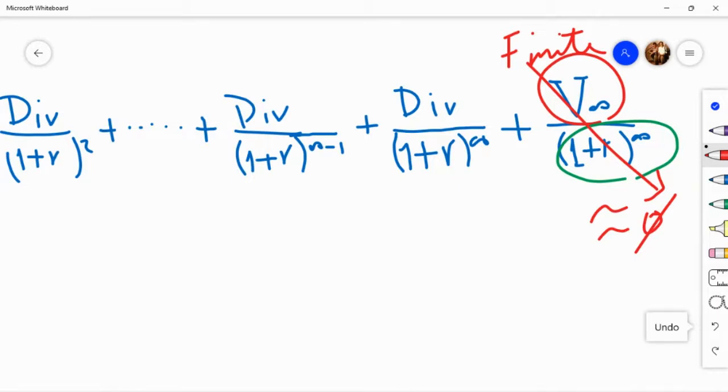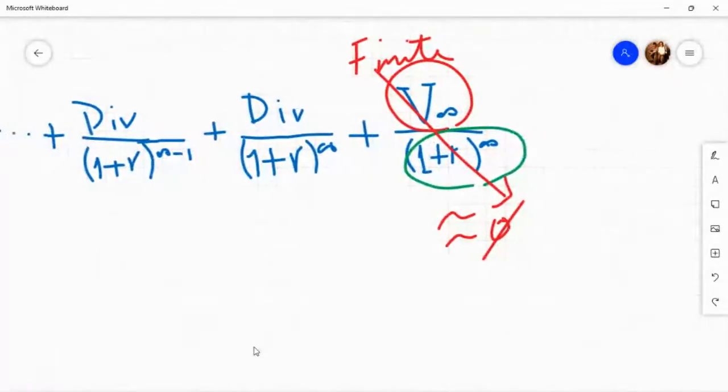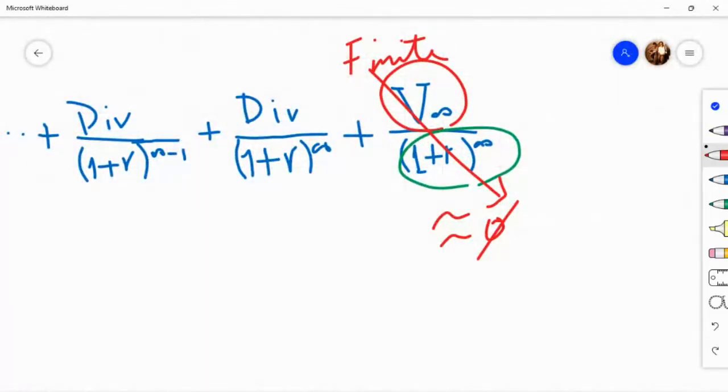For the same reason, this will become the same thing, right? But for now, we'll just leave it like that. And then let's call this equation 1.